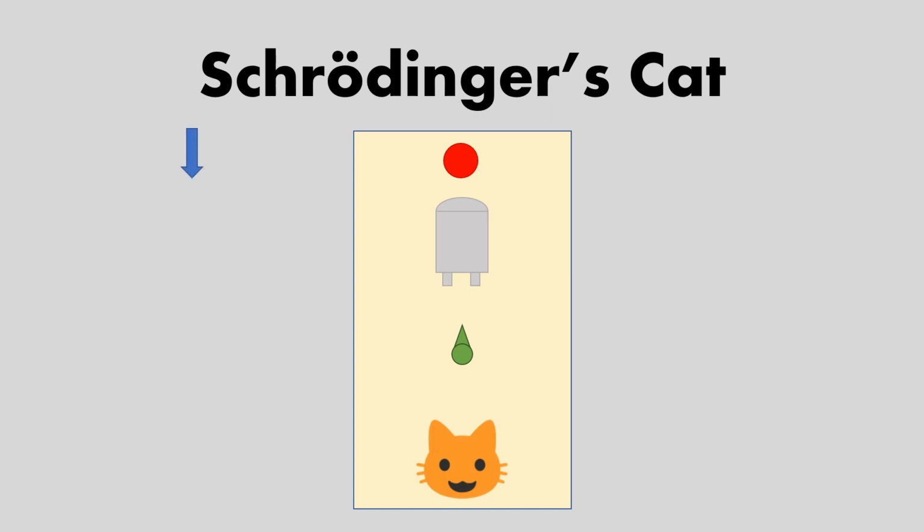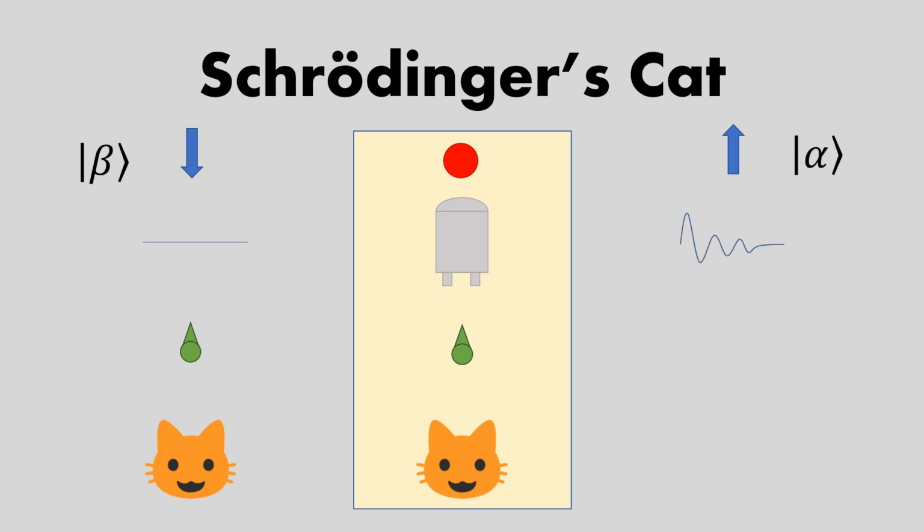Our nucleus starts in the beta state. We know it will decay, but until that moment the NMR instrument will remain quiet. The vial sealed and the cat alive. When our proton decays to alpha state, the system will detect something. The gas will be released and the cat will die.